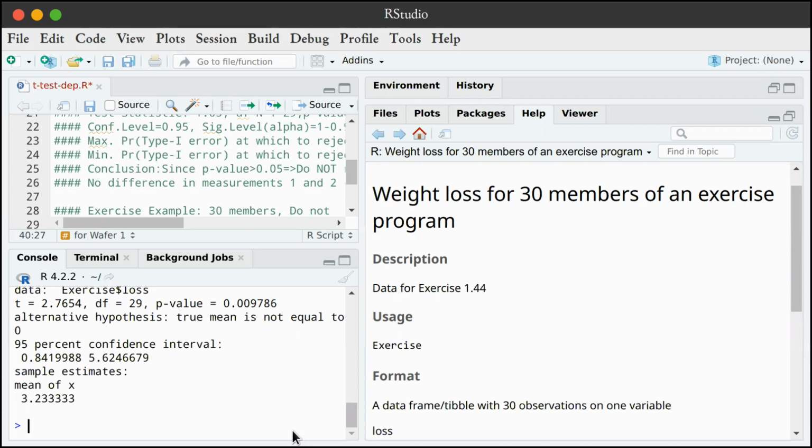So the test can only tell us if we found an effect or not, but we cannot come to a decisive conclusion as to whether it resulted in an increased weight, which would mean it is a useless exercise program. If it resulted in a decrease in weight, then that is an effective, useful exercise program.